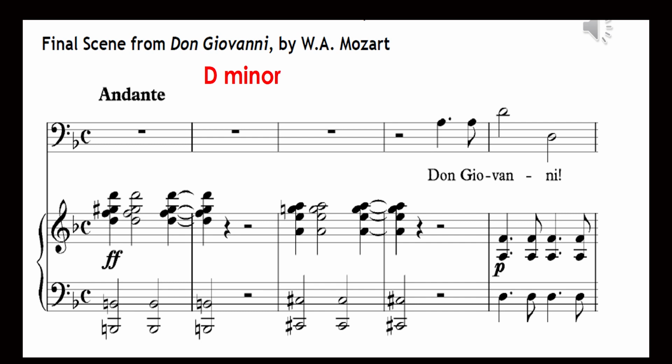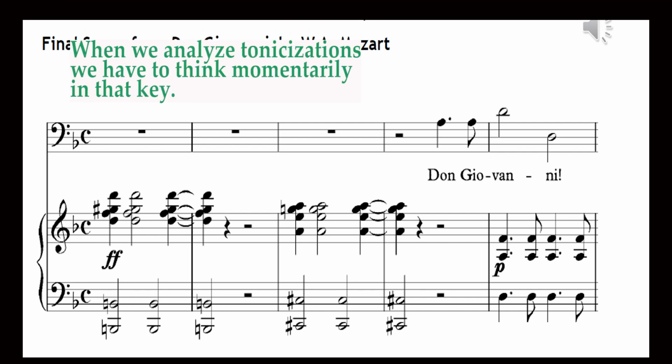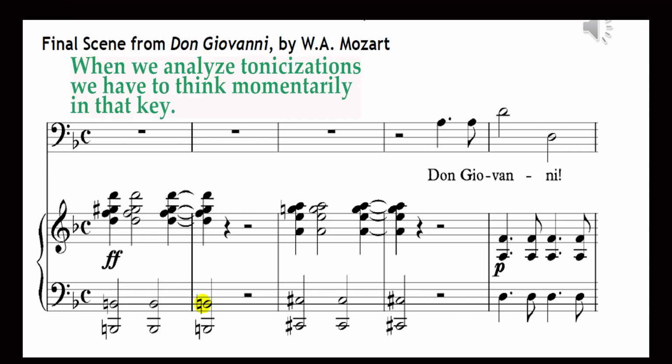Let's take a look. In the key of A, since it's a tonicization, let's see what we can find. Here in the bass, we have B, which in the key of A is Re, and that goes up to Mi. The D right here, you expect to go down to the third scale degree in A, which is C sharp, but it doesn't.